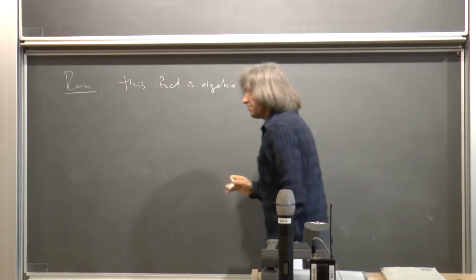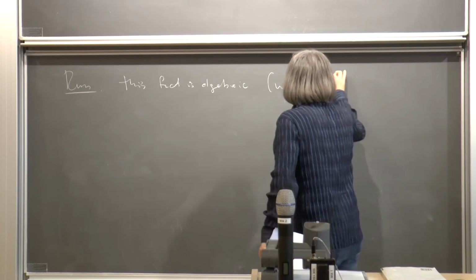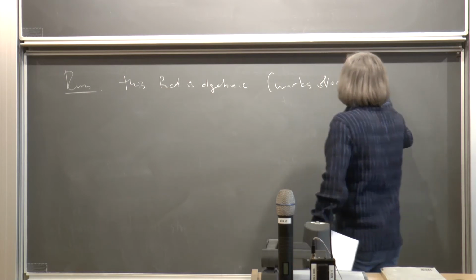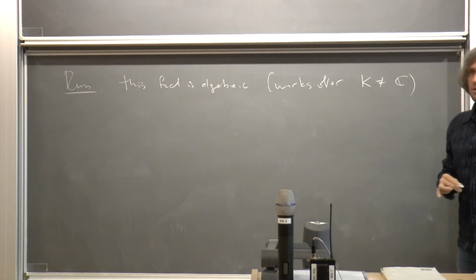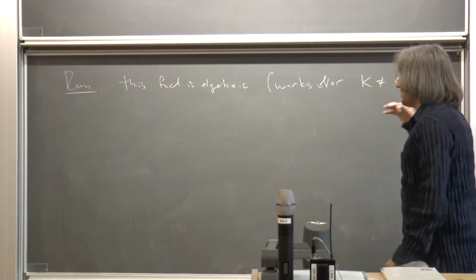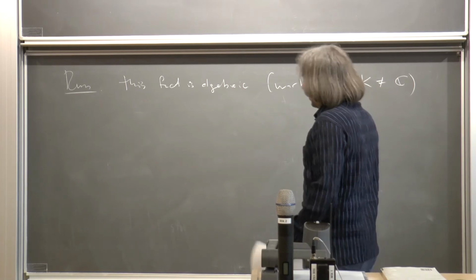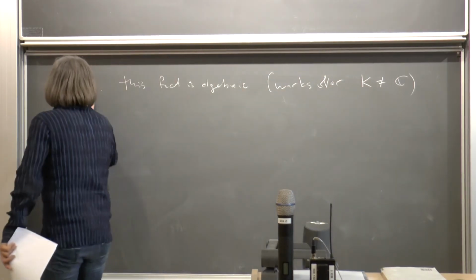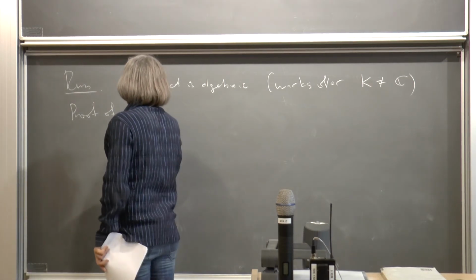Only our proof will be analytic, so it works over some other field which is not the complex numbers. An actual proof doesn't use complex numbers. Now our proof of existence of the presentation.